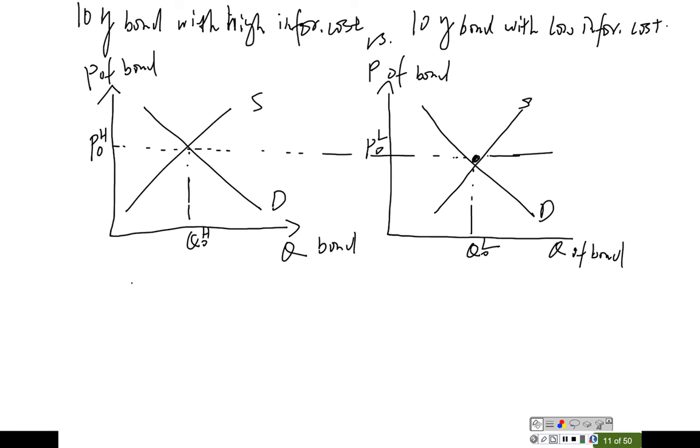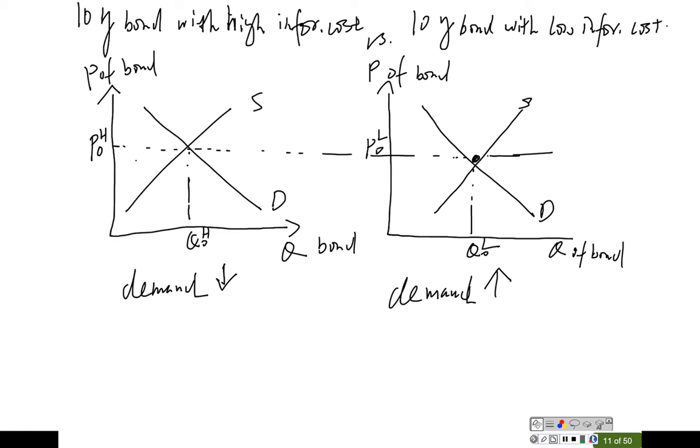So as a result, if there's a high information cost related to the first bond, the demand for this bond will go down. And the investors prefer to invest in the bond with a low information cost because they don't need to spend a lot of time and money collecting information.